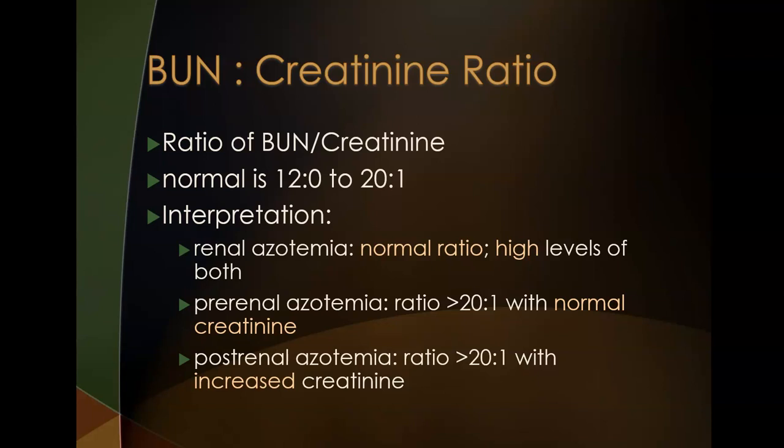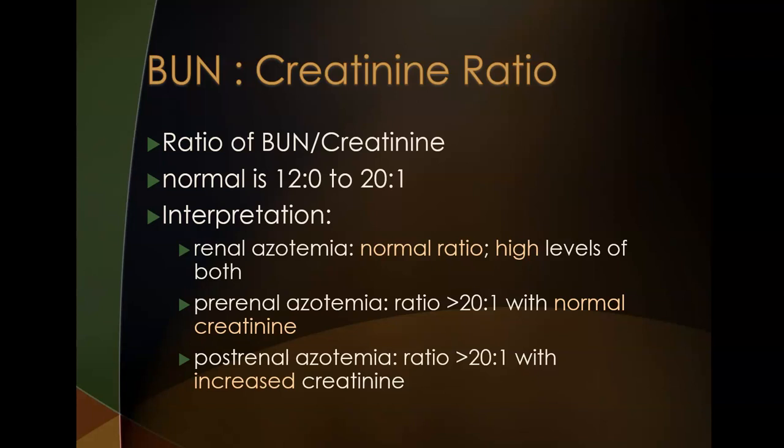In pre-renal azotemia, the ratio is always greater than 20 to 1, and oftentimes there's a normal creatinine. You could have a slightly elevated creatinine and still have pre-renal azotemia. Just if that ratio is above 20, we're pre-renal.